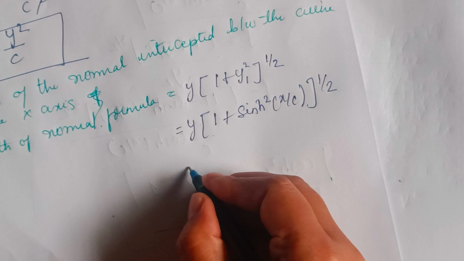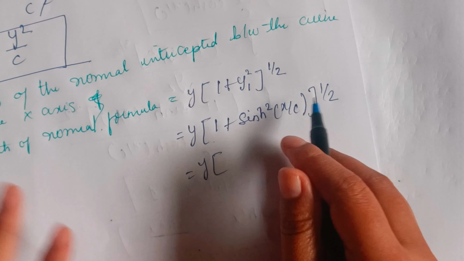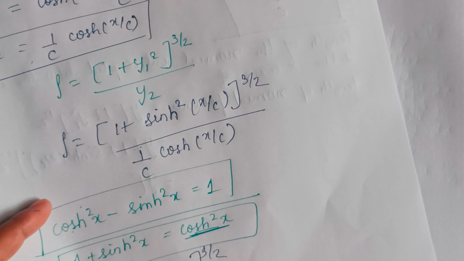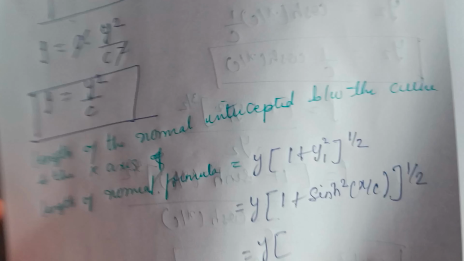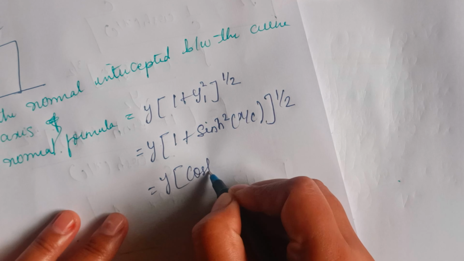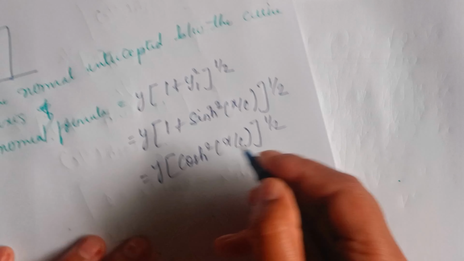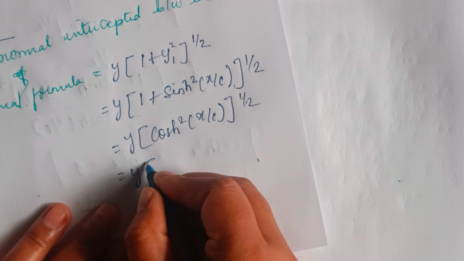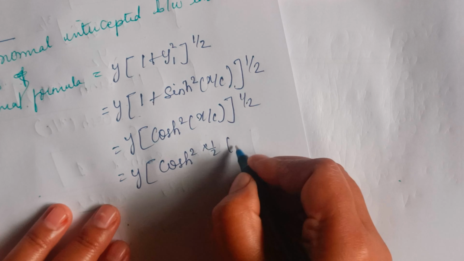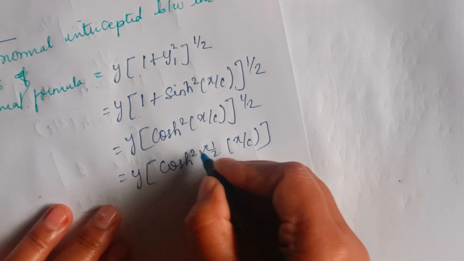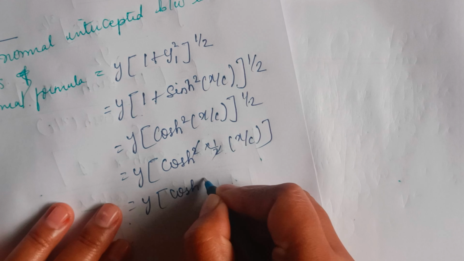So this can be further simplified to y into, as I discussed earlier, 1 plus sine hyperbolic square is nothing but cos hyperbolic square. So cos hyperbolic square x by c whole to the power 1 by 2. So this I can write as cos hyperbolic square into 1 by 2 angle x by c. So 2 and 2 will get cancelled. Y cos hyperbolic x by c.